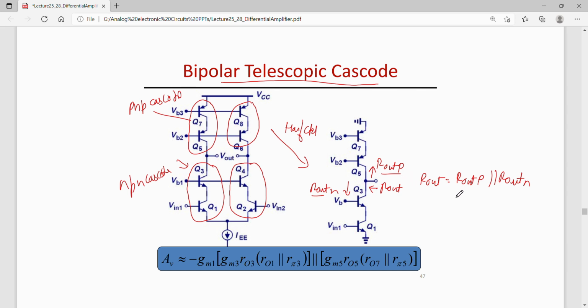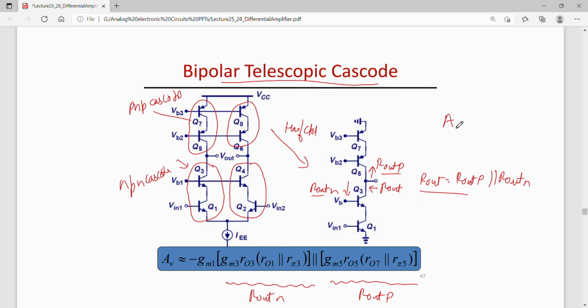So for this R out P, the impedance is this much. And similarly the output impedance in case of an NPN cascode is this R out N. Okay. And gain is minus GM times R out.